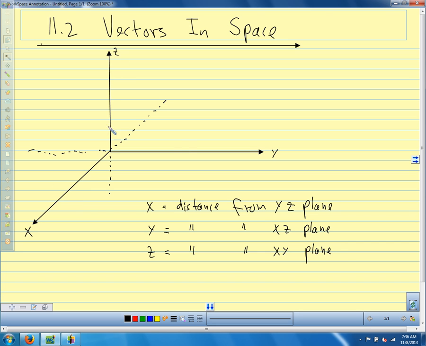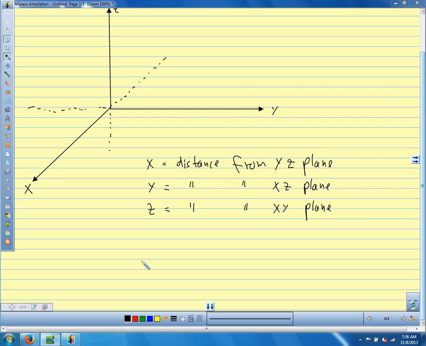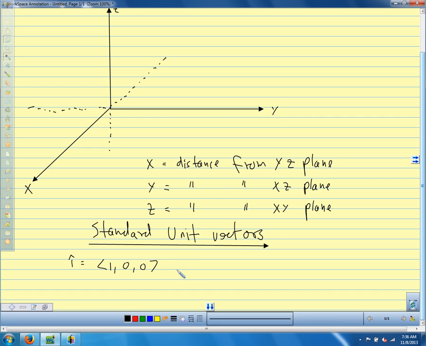We'll talk about our standard unit vectors, like our joke referred to. So our standard unit vectors in 3 dimensions. Standard unit vectors are i, j, and k. i hat is 1, 0, 0, the unit vector in the x direction. j hat is 0, 1, 0.